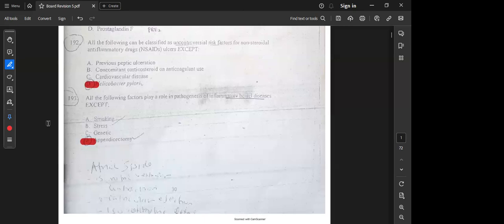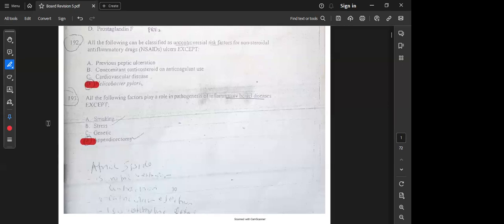And then the other thing to find is maybe non-specific signs like fever, tachycardia, dehydration, and more localized tenderness.